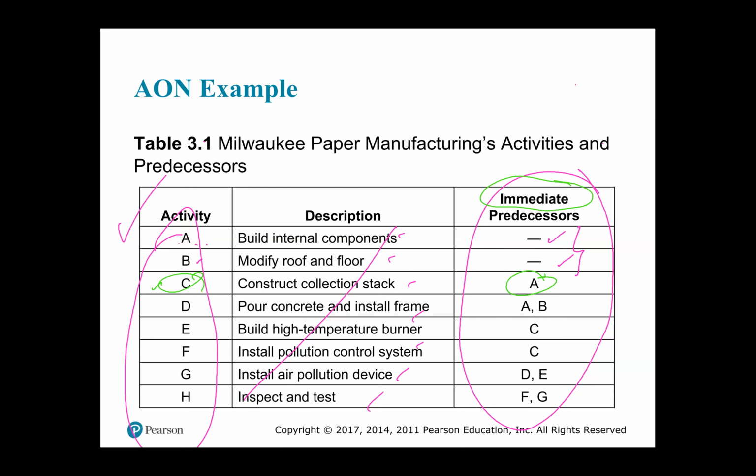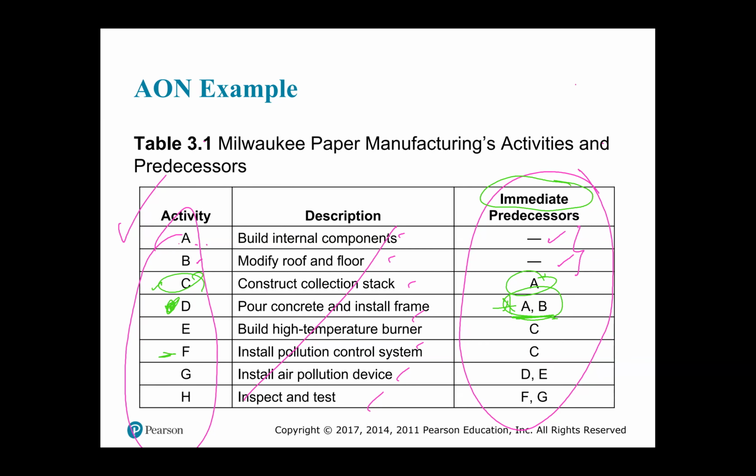So what it means is that you cannot start activity D until you have accomplished both activity A and activity B, right? And so you read the immediate predecessors in conjunction with the activity.